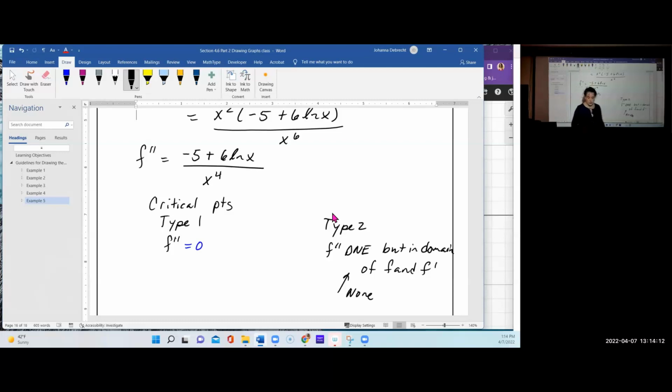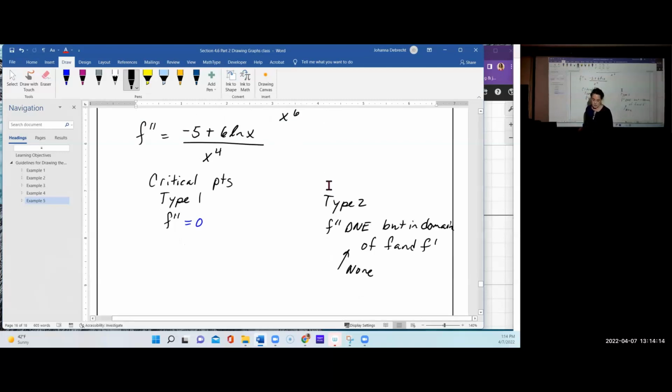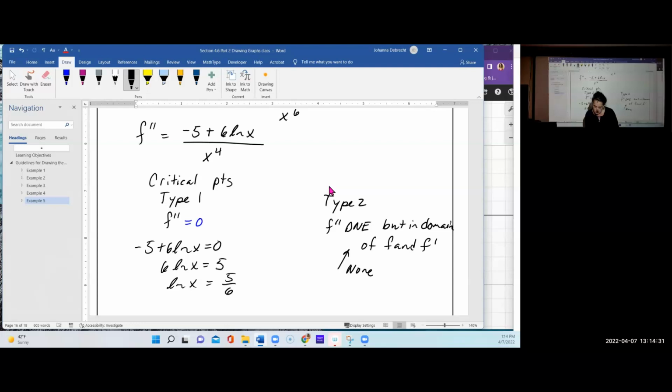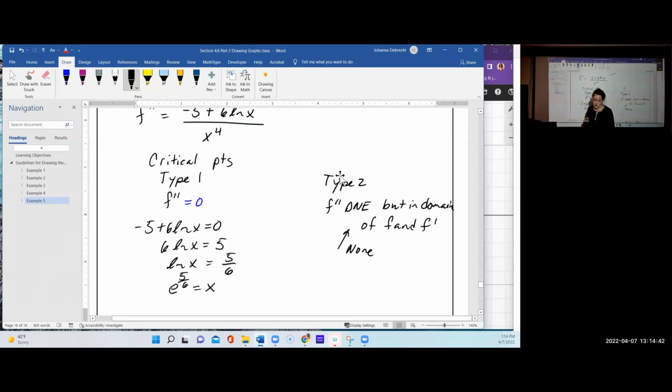So we can set the numerator equal to 0 and switch to exponential form as we did before. So this is negative 5 plus 6 natural log of x equal to 0, or 6 natural log of x equal to 5, or natural log of x equal to 5 over 6. Switching to exponential form, e to the 5 over 6 equals x. So we have e to the 5/6 as a possible inflection point.